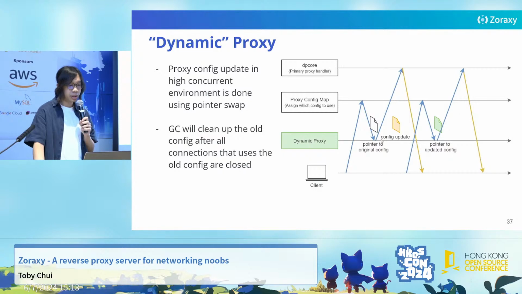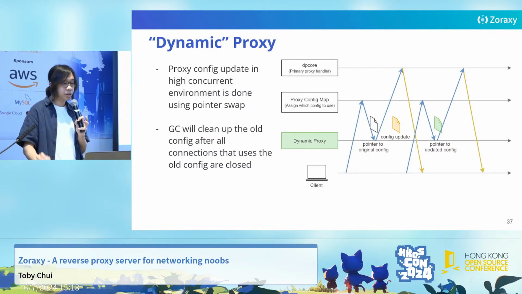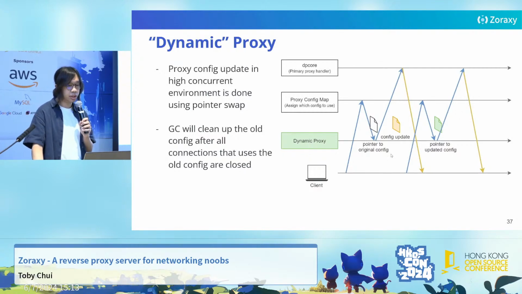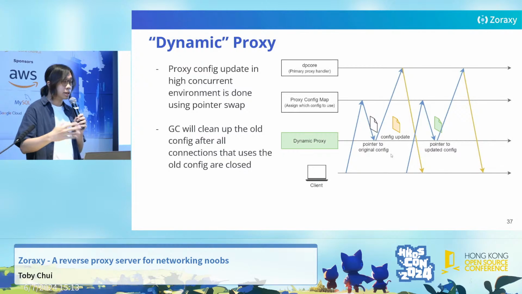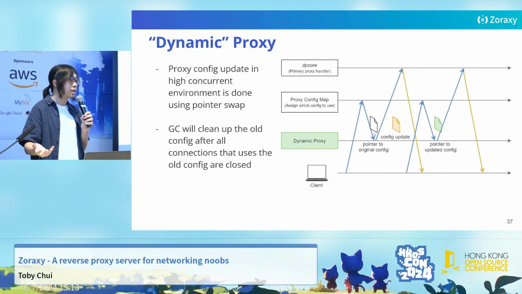By swapping the configuration pointers, even when there are concurrent requests coming in, we can achieve real-time hot reload of the configuration, allowing changes in the reverse proxy in real time with no disconnection or unstable connections. After the connections using the old configuration are closed, the GC will kick in and clean up the old configuration. So everything is seamless and with no downtime.